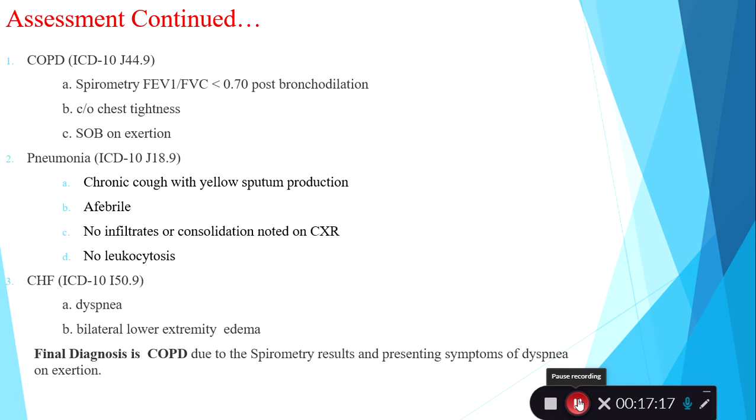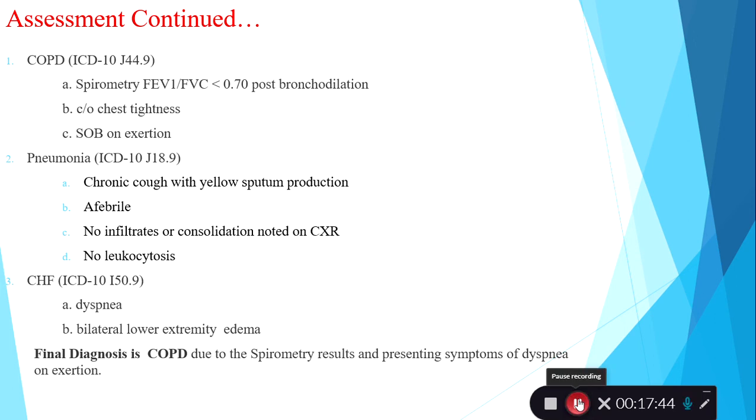As the first differential diagnosis of COPD, the following information supports the differential diagnosis. A spirometry test of less than 70% post-bronchodilation, Mr. CO's complaints of chest tightness, and his shortness of breath on exertion.